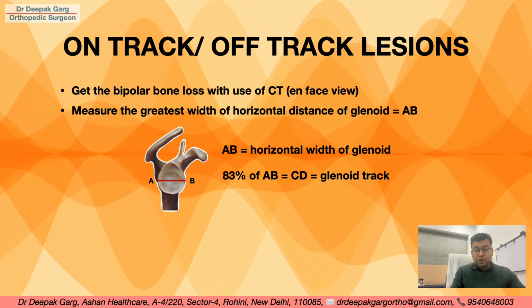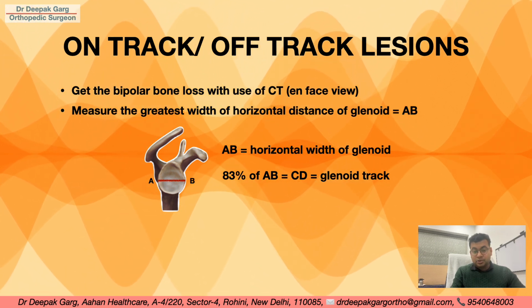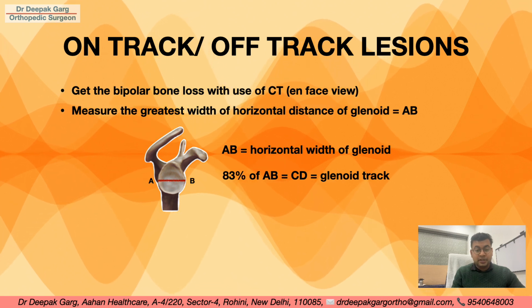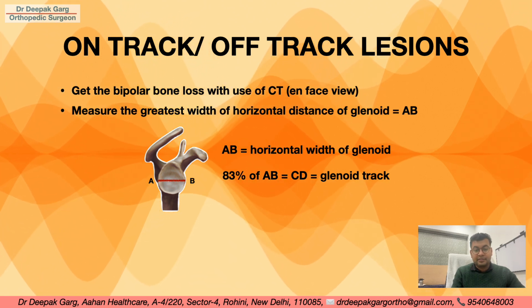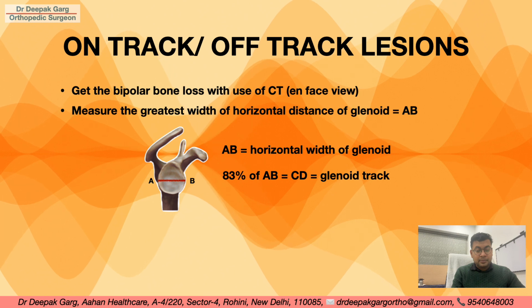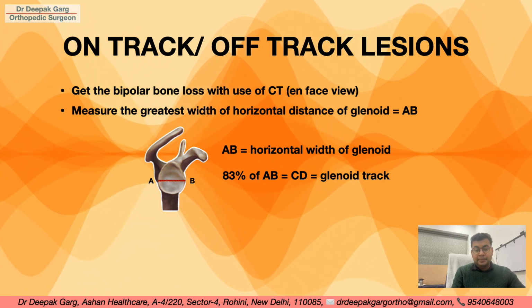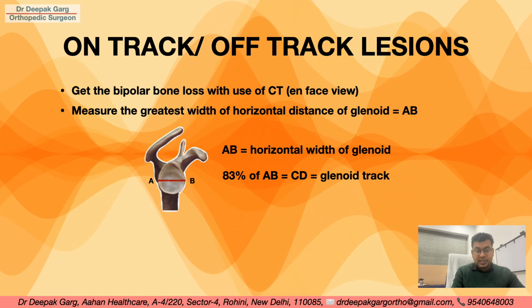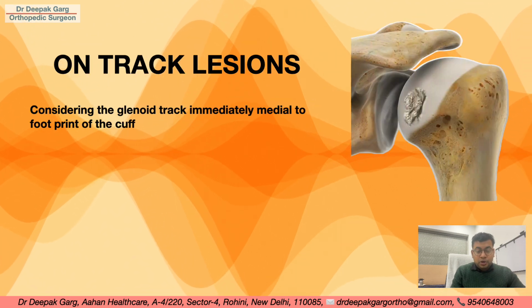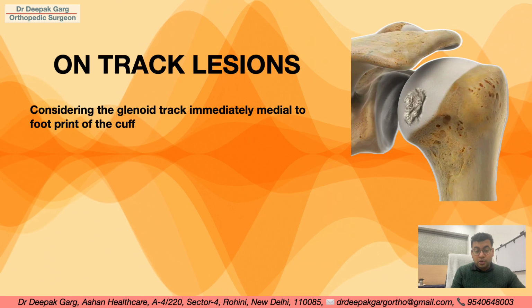Now if we want to calculate the glenoid track, we already know that 83% of the humeral head will be in contact with the glenoid in extremes of motion, specifically abduction and external rotation, so 83% of AB is CD, which is the glenoid track.